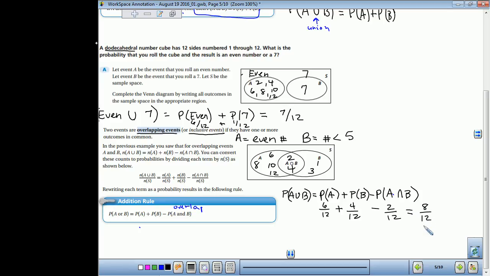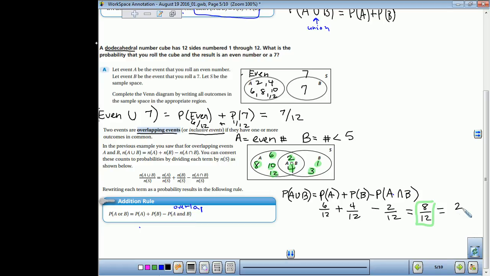Now, if I had gone straight to the bin and just counted 1, 2, 3, 4, 5, 6, 7, 8. 8 out of 12. So I could just use the bin, or I could use the formula. The formula is really nice sometimes. It's a lot quicker.